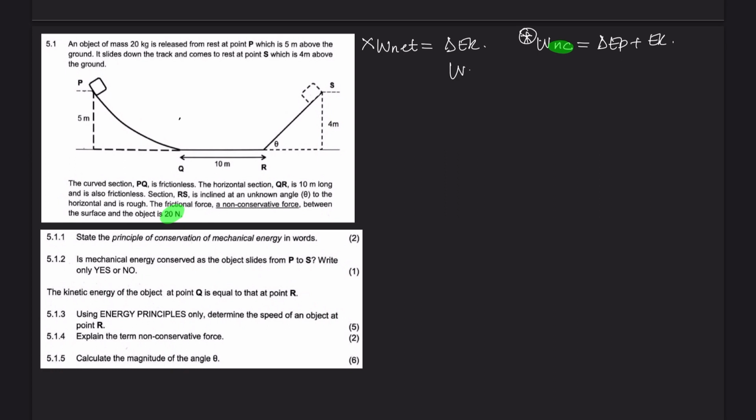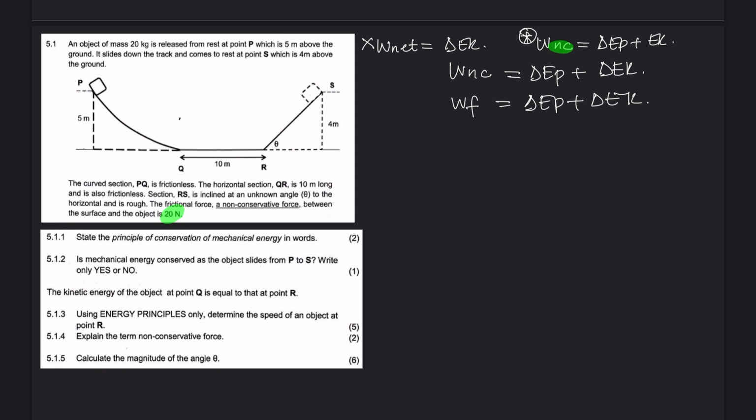We're going to say WNC is equal to delta EP plus delta EK. So the work done by the non-conservative force, when the object is moving up the slope, the non-conservative force is friction. There's no force applied. So the work done by friction is going to be delta EP plus delta EK. Let's substitute now.